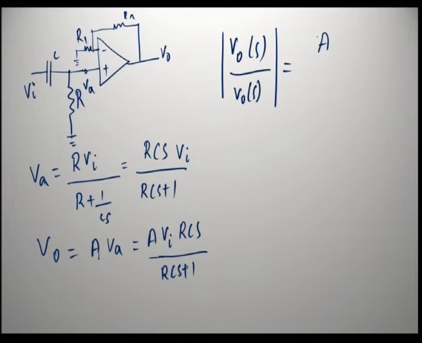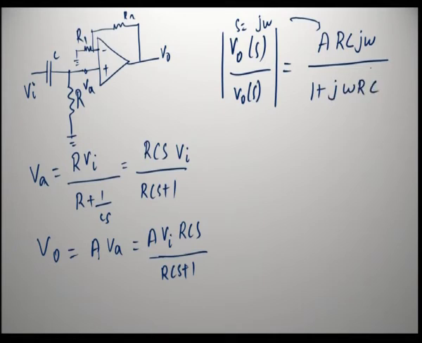Again if S is equal to j omega, here it is A into RC j omega divided by 1 plus j omega RC, and you have to take the root of the whole square, and omega is equal to 2 pi f.